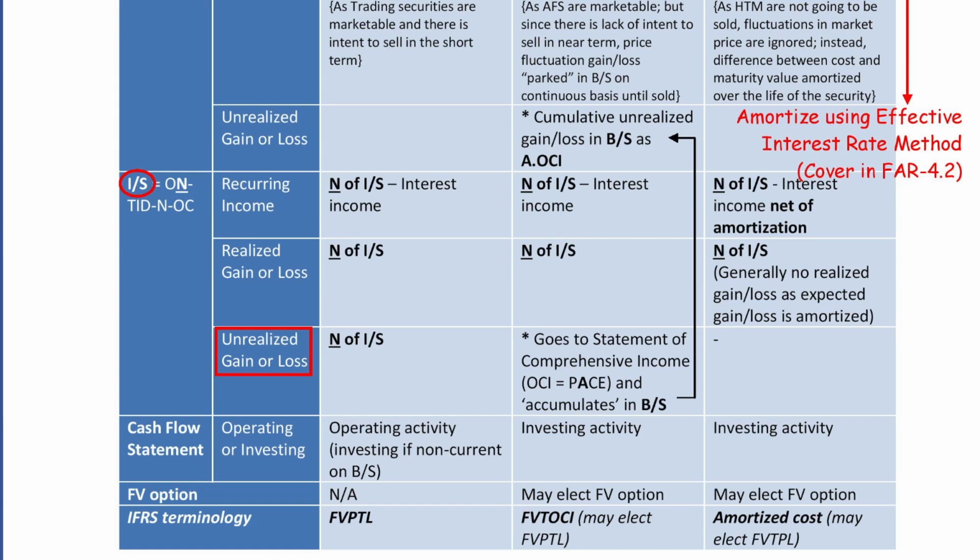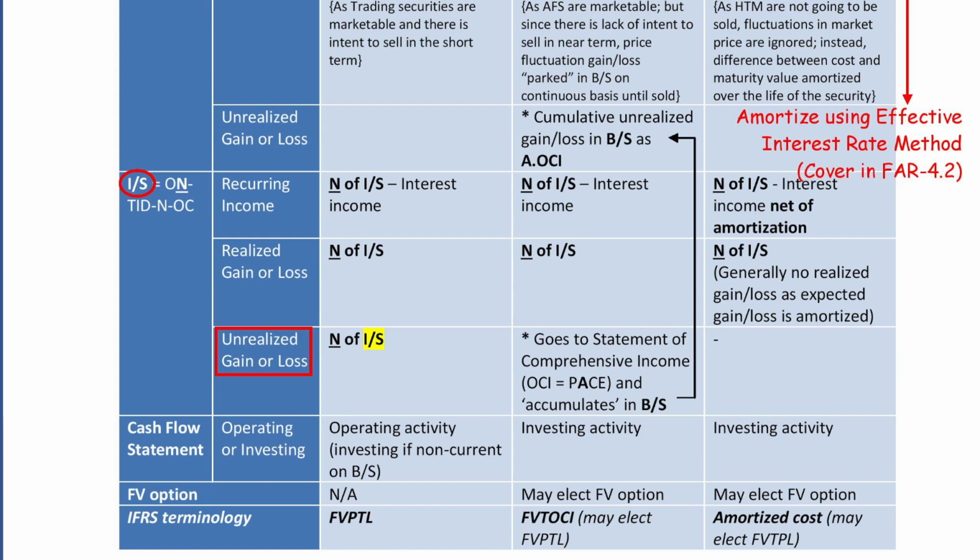If the fair value goes up, that's an unrealized gain. Fair value goes down, an unrealized loss. Unrealized because the investor is still holding on to the securities, hasn't sold them yet. So such unrealized gains or losses on these debt securities go into the income statement, non-operating income, if it is trading securities.